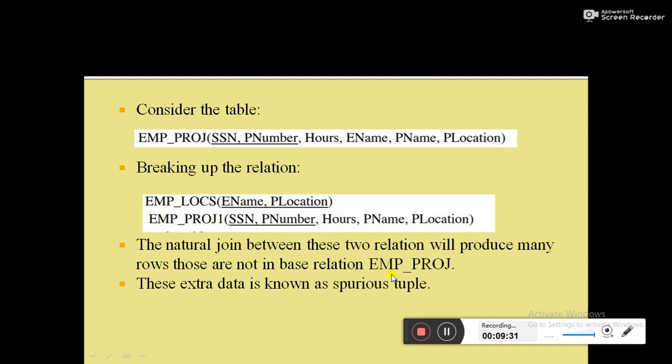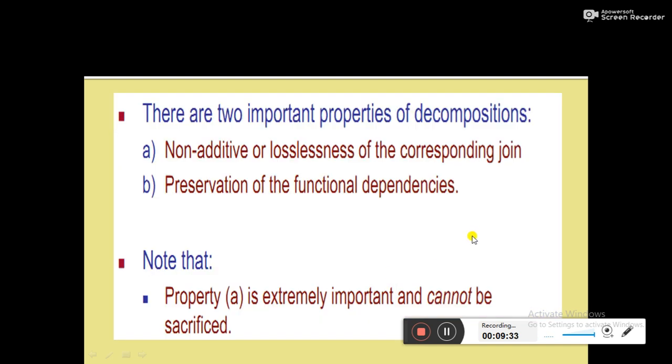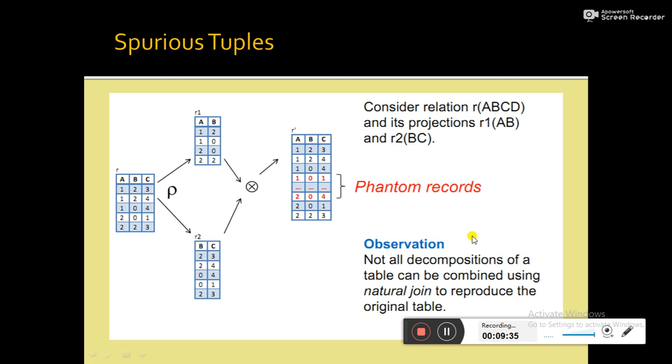Let me explain with an example. So this is the example. Suppose R is the relation with 3 attributes A, B, C, and this is the set of data. And suppose we break up the relation R into R1 and R2.